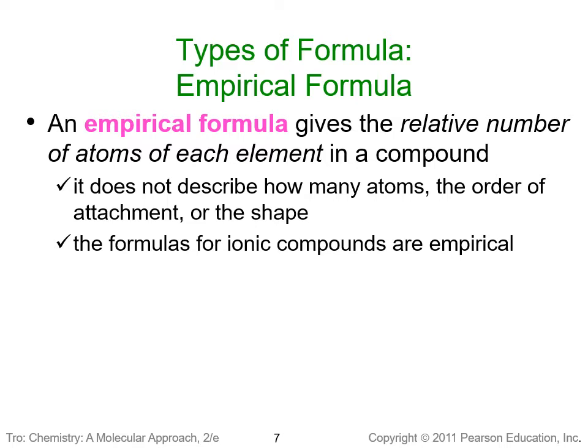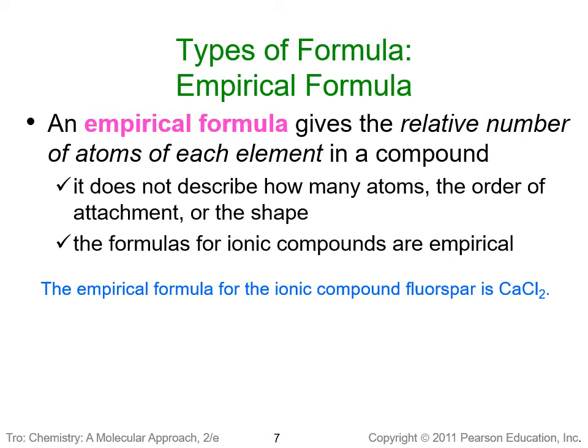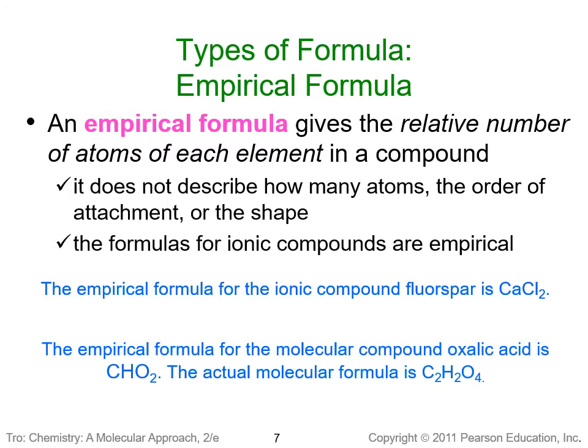And all ionic compounds are reported as empirical. So for an example, we've got fluorspar, which is calcium chloride, 1 calcium with 2 chloride anions.